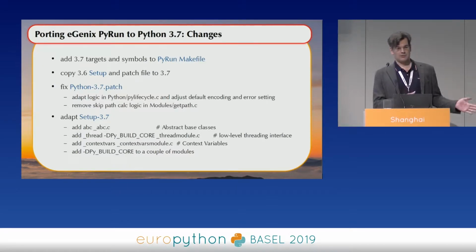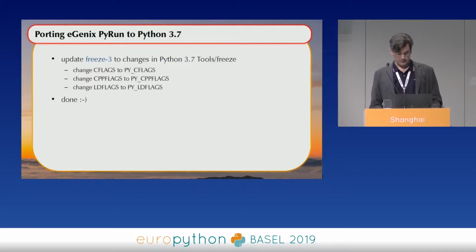There was a lot to do from 3.5 to 3.6. The path from 3.6 to 3.7 was basically just a few hours work. This is just to give you an idea of how you can port PyRun to new Python versions. It's actually quite easy. You just take what's there already for the existing Python version, and then you have to tweak the patches a bit.